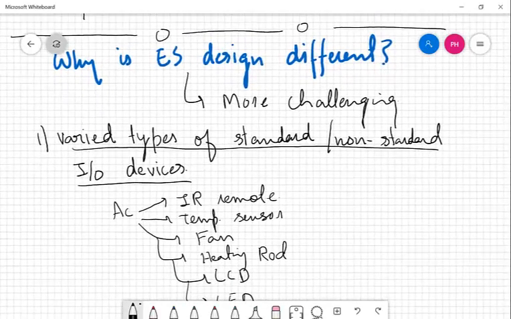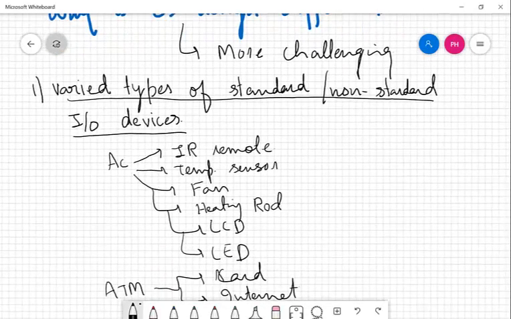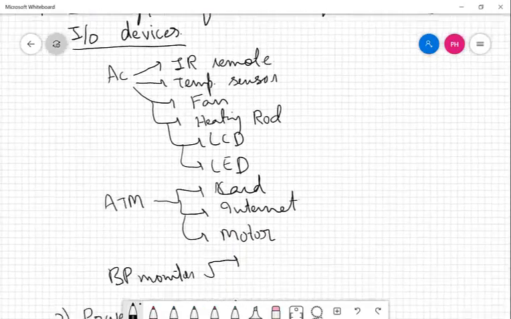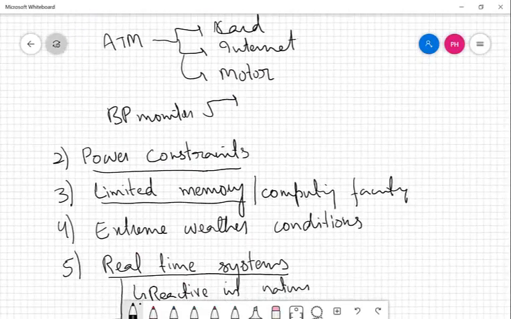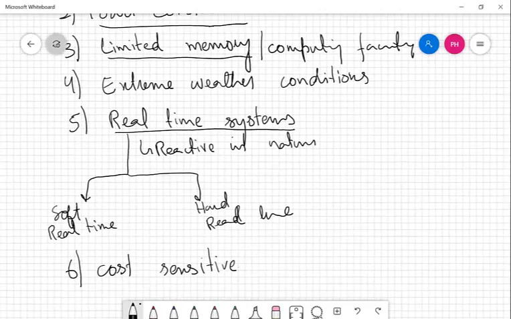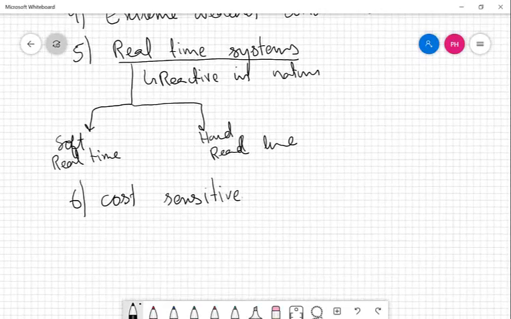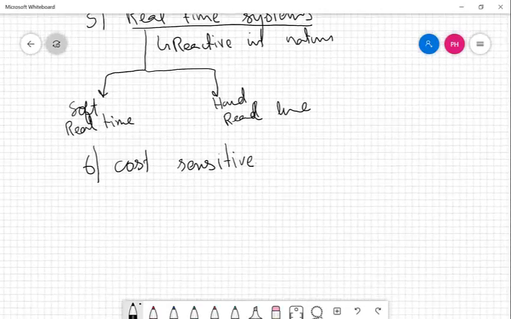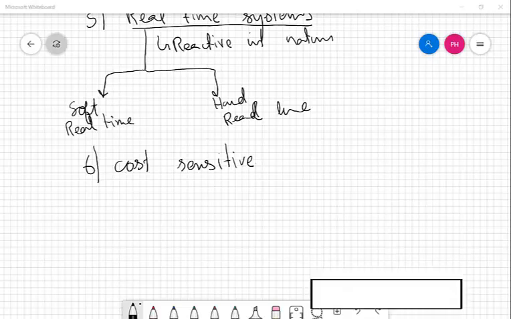We have very standard input output devices there, but here input output devices are non-standard. We have power constraints, limited memory, limited computing facilities. They may be deployed in extreme weather conditions, they have to be real-time, and they are cost sensitive. So embedded system design is very different from the design of general purpose computers.